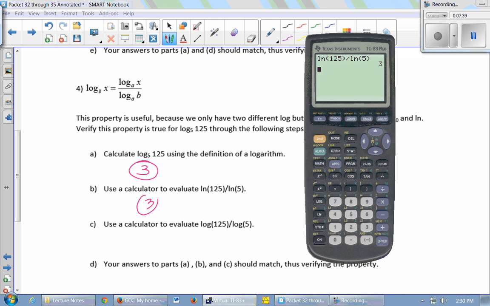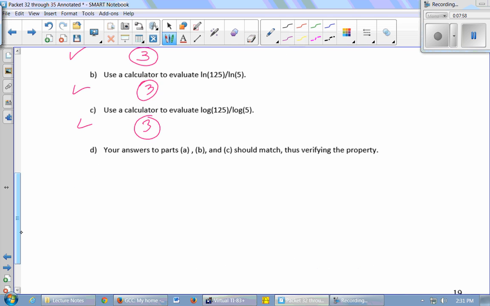Same thing I got when I used the definition. And I can do the same thing with any base. I can use base 10 also. Log of 125 divided by the log of 5 equals 3. So using the definition and the change of base to 2 different bases all give me the same answer.